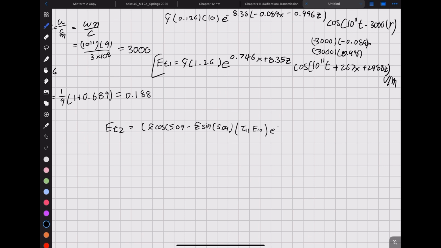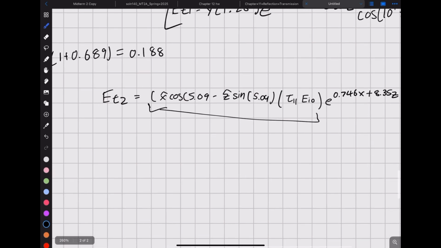So we have to remember that these things are in phase, and the attenuation term is going to be the same. So we can just copy it right down: plus 8.35z sine 10 to 11 t plus 267x plus 2988z, again, volts per meter. And then we just need to figure out this part of it.